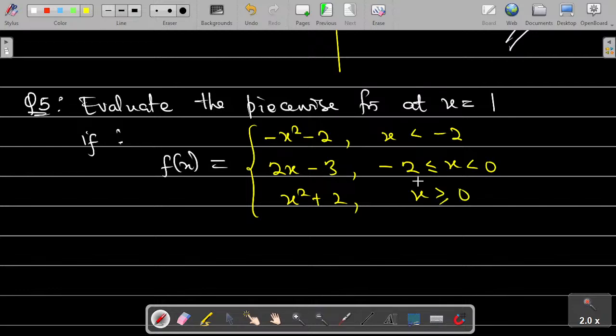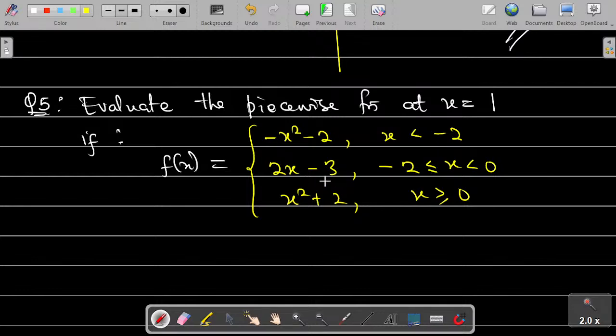Now, what is a piecewise function? A piecewise function is a function where we have two or more functions in one, and they are defined over different intervals on the real line. You can see that this starts from negative infinity up to anything less than minus 2.